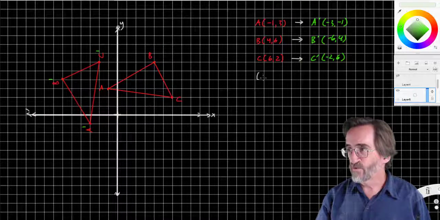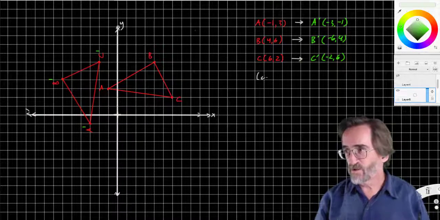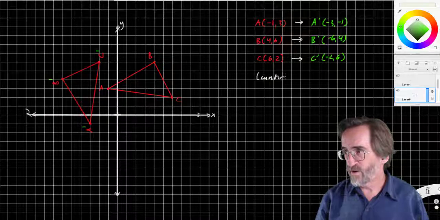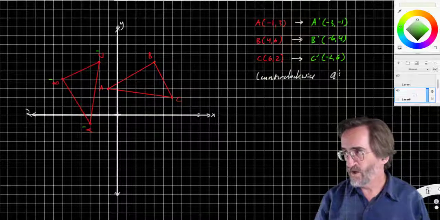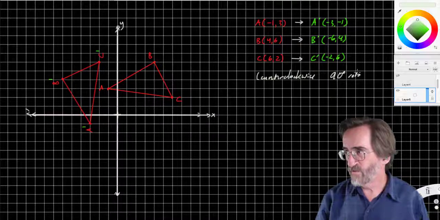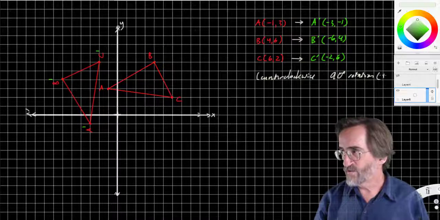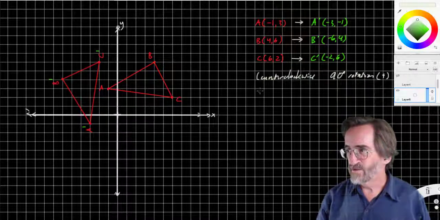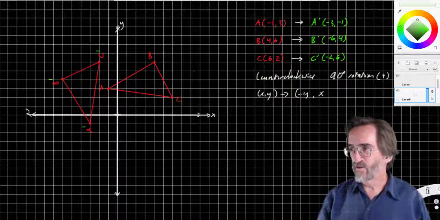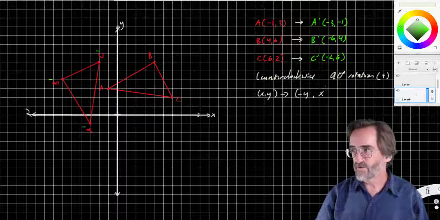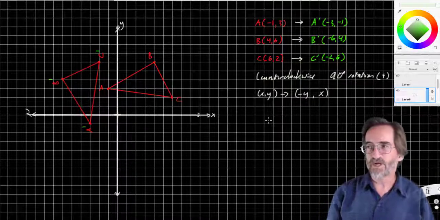So the rule for a counterclockwise 90 degree rotation, or a positive rotation, is (x, y) becomes (y, x), but the y that became the x, the first coordinate, is now negative, has changed signs.